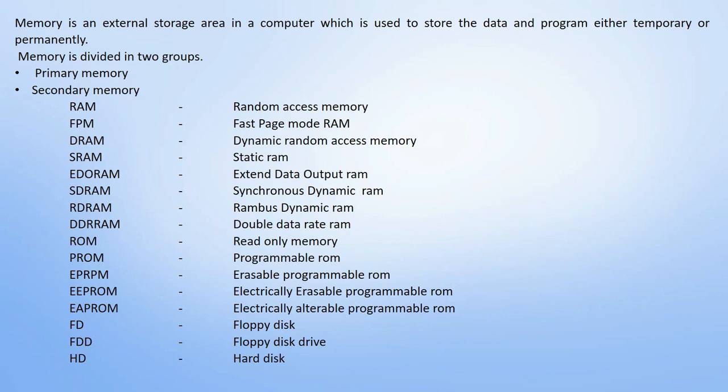RAM stands for random access memory, FPM is fast page mode random access memory, DRAM is dynamic random access memory, SRAM is static random access memory, EDO RAM is extended data output random access memory, and SDRAM stands for synchronous dynamic random access memory.